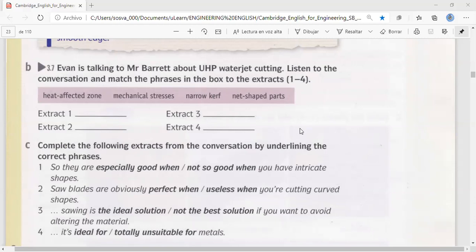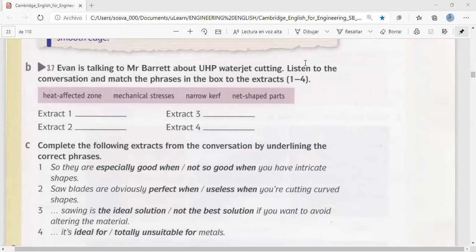That 3.7. 1. So, we use high pressure water jet cutting quite a lot. The good thing about it is you don't need to do any finishing afterwards. The edges are virtually perfect. So they're especially good when you have intricate shapes. Which would be difficult to finish otherwise. That's right. 2.